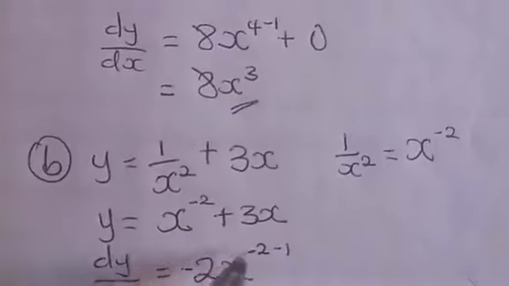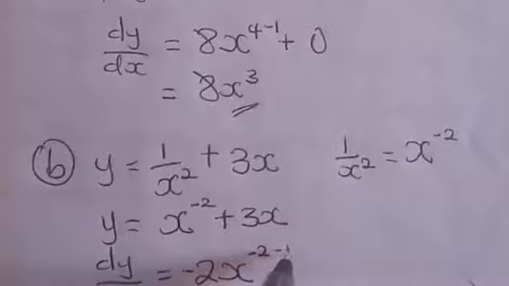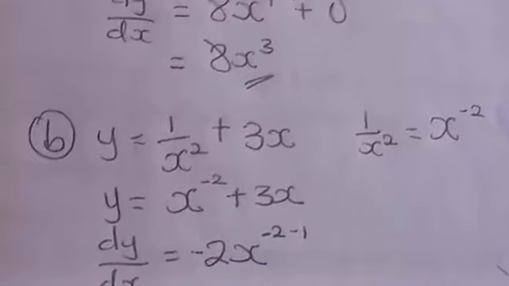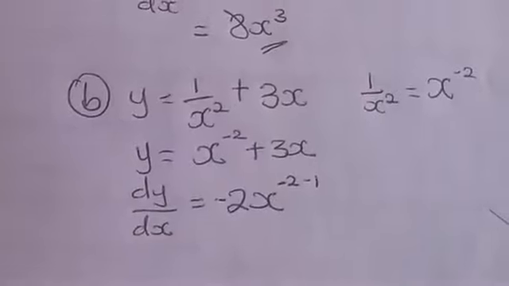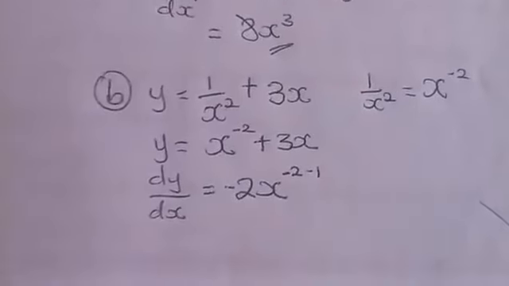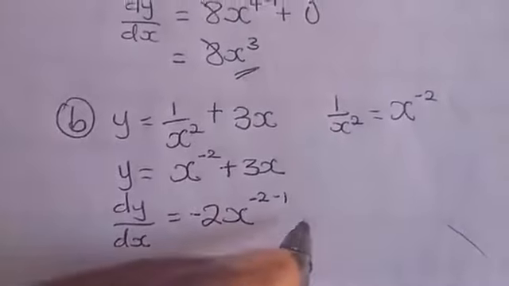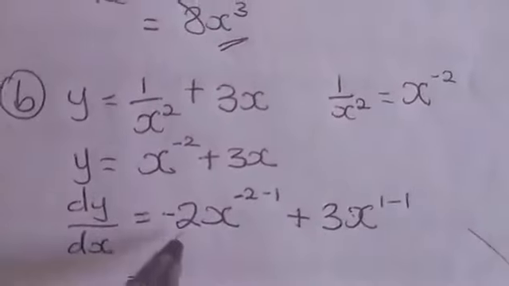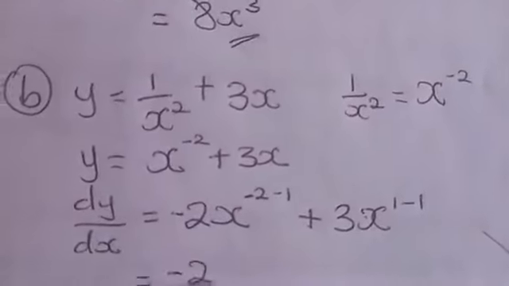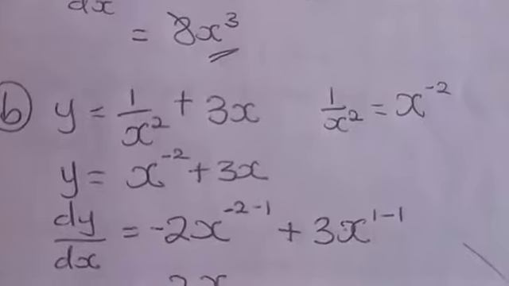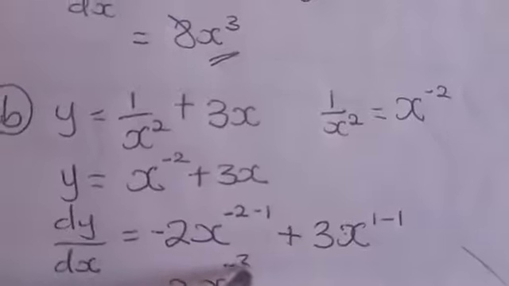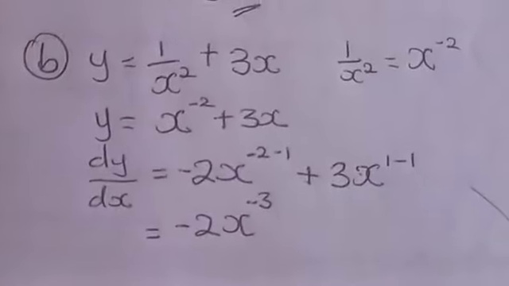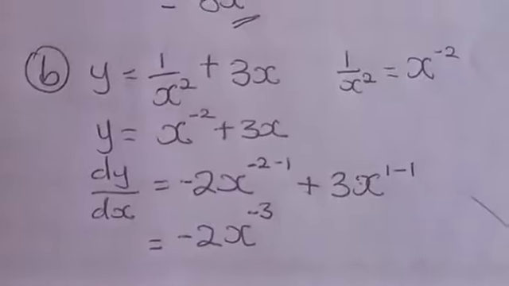This minus 2 is the initial power. Then this minus 1 is the one we are supposed to subtract in each case when using the power rule to differentiate a function. Then lastly, we have minus 2x raised to the power of minus 3. Minus 2 minus 1 is equal to minus 3.